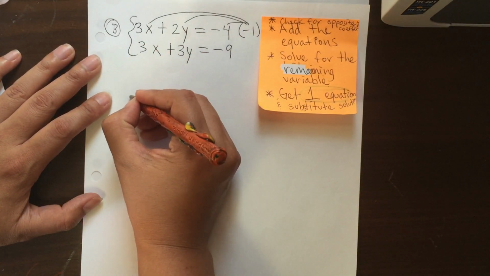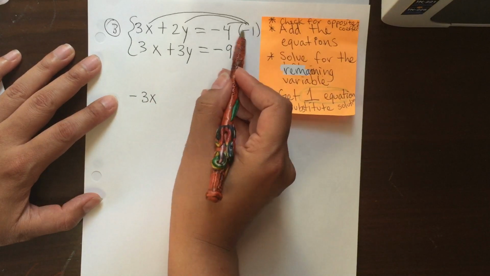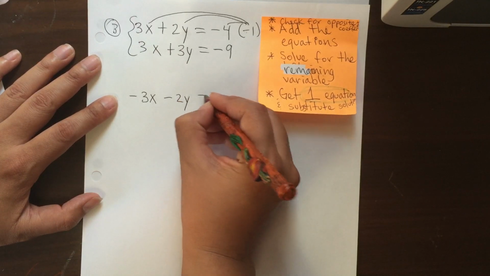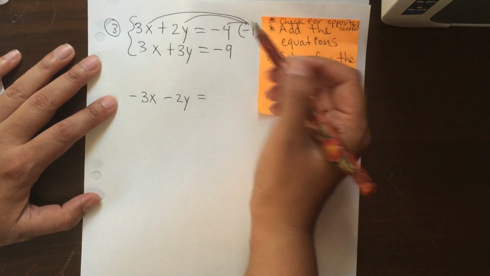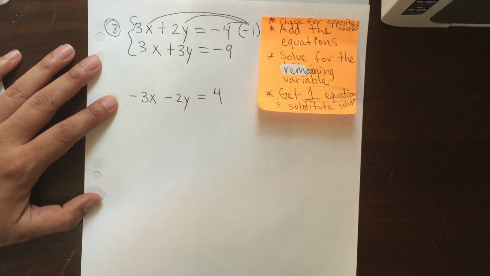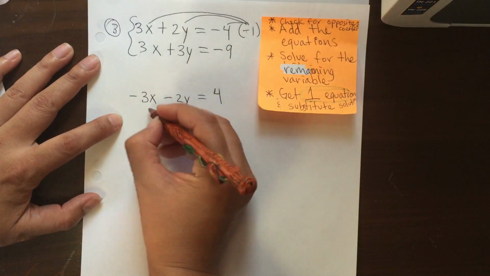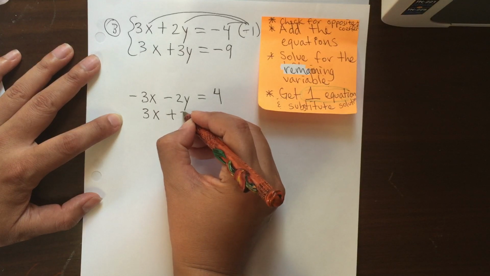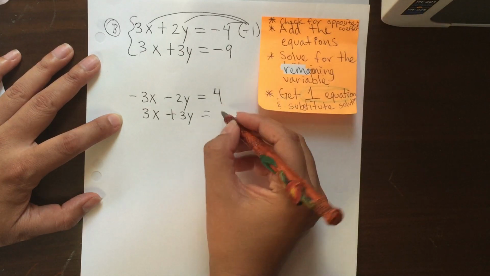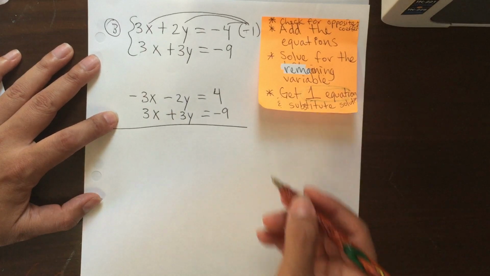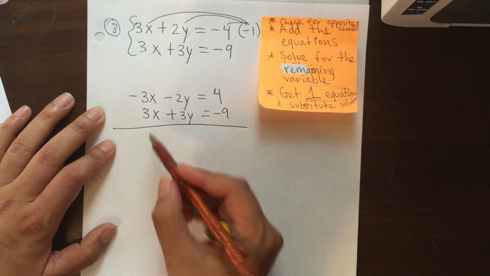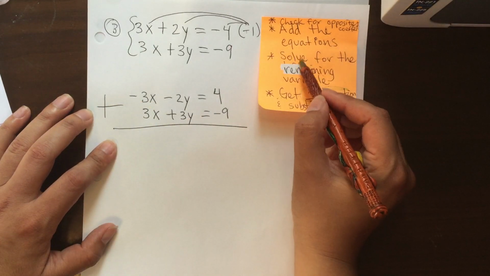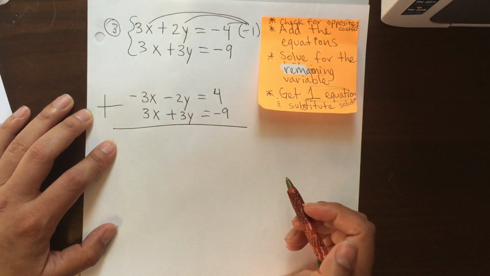And so my new equation will be -3x, -2y, negative times negative, +4. I just copy the second one exactly as it is. And so I add. Now I can add the equations and solve for the remaining variable.